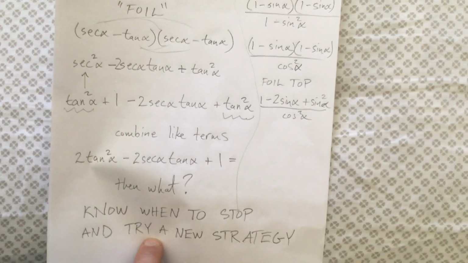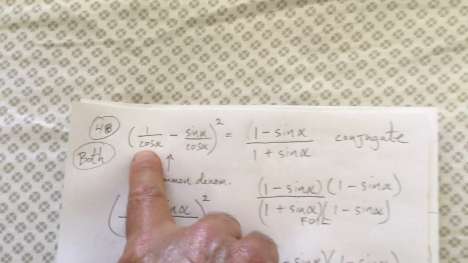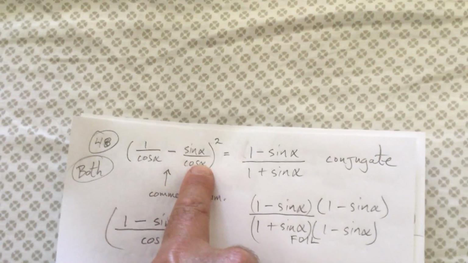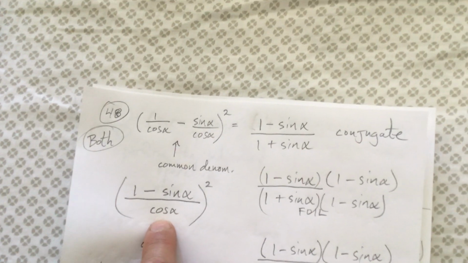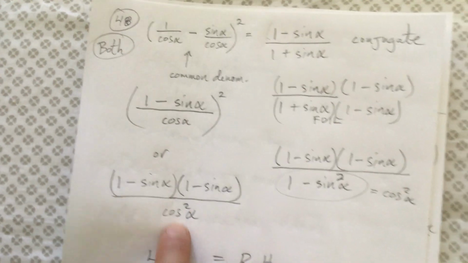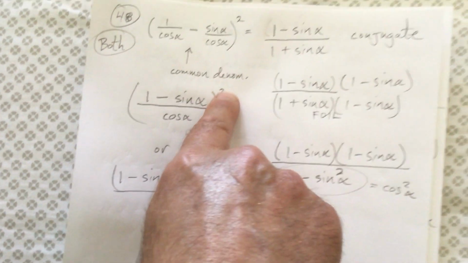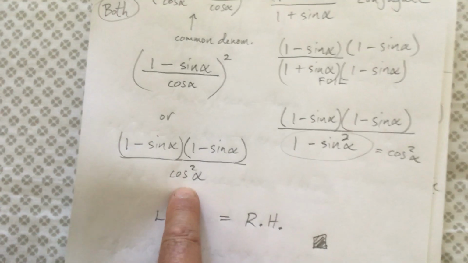So, on this particular problem, what I did a second time is I took the original problem, I wrote it with sines and cosines, and then I said, hey, you guys have a common denominator, and I put them together. That was all I really needed to get it to look like this, because if I square this, it means this gets squared and that, so I wrote it like that.